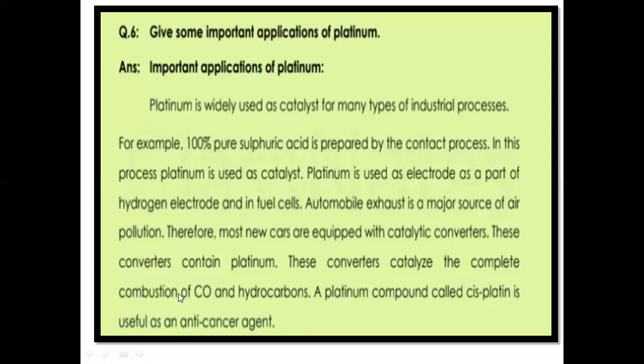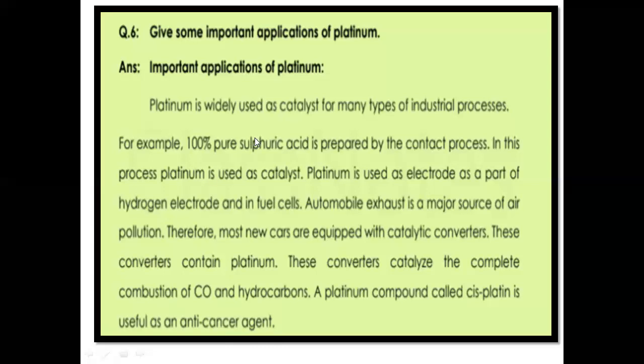They convert carbon monoxide after complete combustion into carbon dioxide and all the other hazardous gases into non-hazardous gases. A platinum compound called cisplatin is useful as an anti-cancer agent. It is used as an anti-cancer agent.